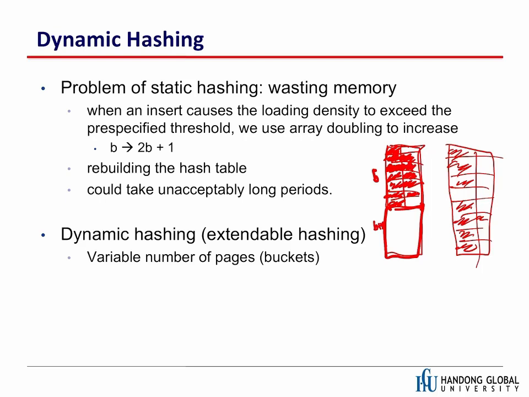Then we can come up with dynamic hashing, which is actually extendable hashing. Whenever we need, we can make one more bucket every time, something like an array and a linked list. They're different, but analogous. So we are going to talk about this dynamic hashing.